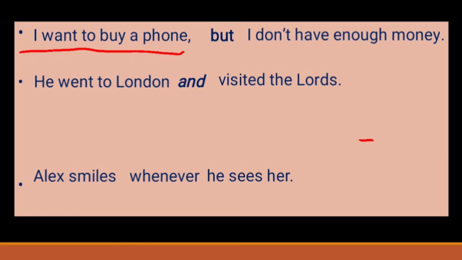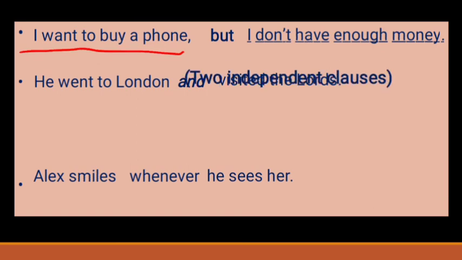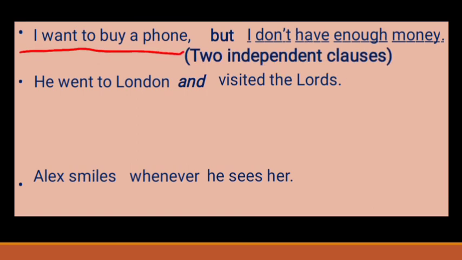Yes, it is an independent clause. How about the clause, I don't have enough money? Does it still have a complete meaning? Yes, that is still an independent clause. So we have 2 independent clauses.